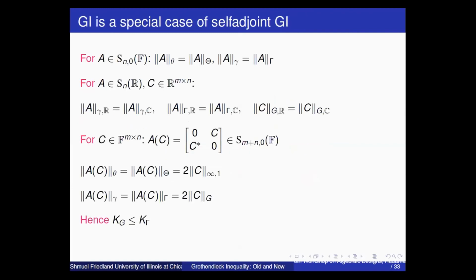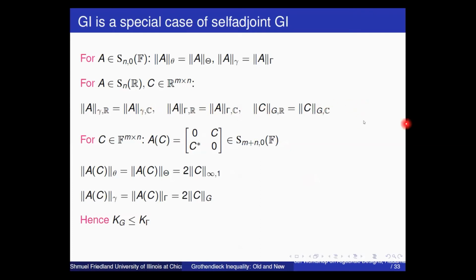Now the claim is that the Grothendieck inequality is a special case of the self-adjoint one. Why? First of all, there's a small remark: if you take A gamma over R and A gamma over C, this doesn't change the value if you assume that A is real, and the same here.